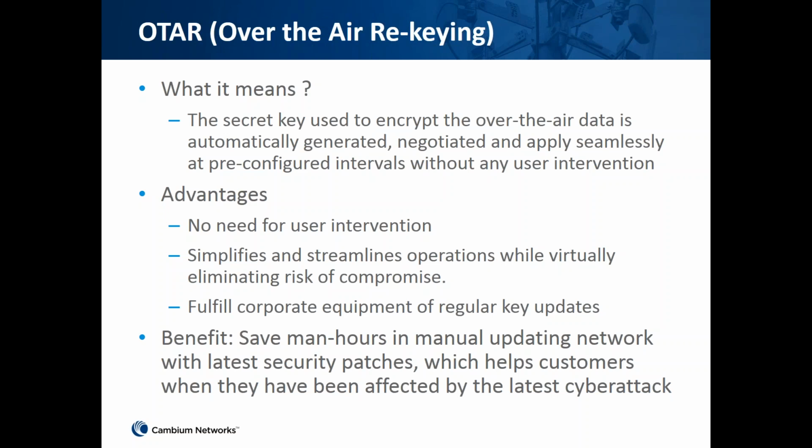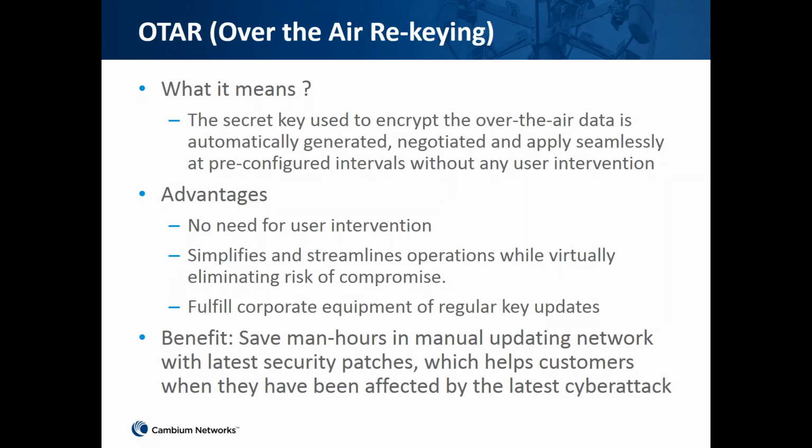So say you change the password, you have to change it across all the radios across all the networks almost at any time. A lot of times, from what we see, there's always a user error that happens, and that takes a lot of time to reconfigure and make right. But OTAR is an automatic feature.